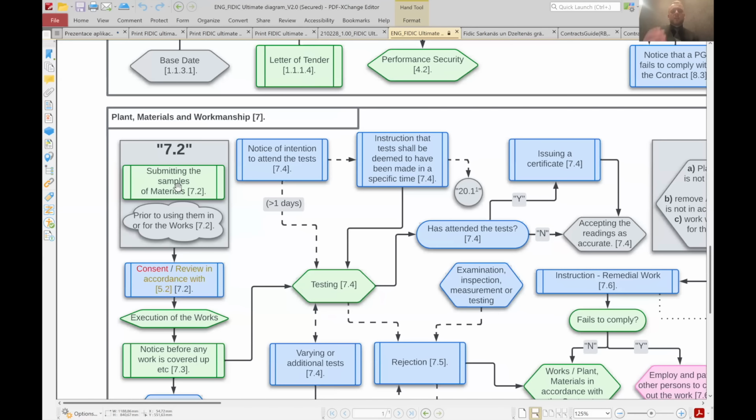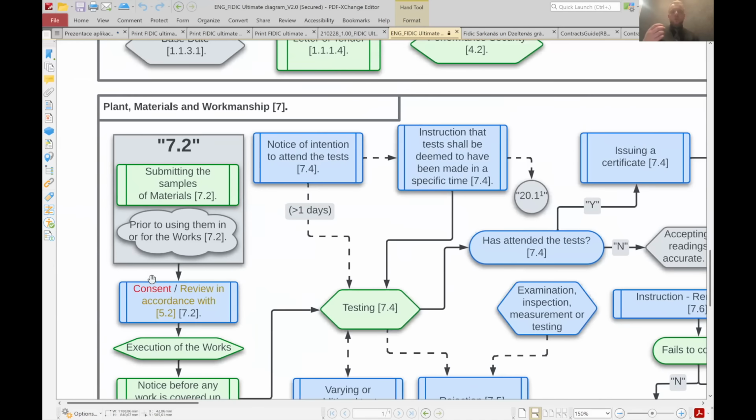When I'm, as a contractor, providing the samples in the red book, the construction is built on project documentation created by the employer, and the engineer gives consent that the sample is correct. But when we are talking about the design build, the engineer should not give consent, because the employer didn't create the project documentation.